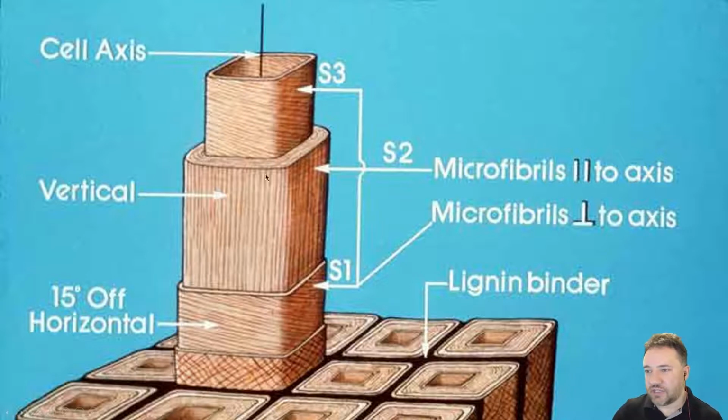And then you have these other layers on the inside and outside, which act kind of like the stirrups in a concrete column and contain the buckling and the movement of these interior vertical fibers. So they're providing a kind of confinement to this cell, which is very neat. And then we have the lignin binder, which holds everything together inside the cell and also between the cells.